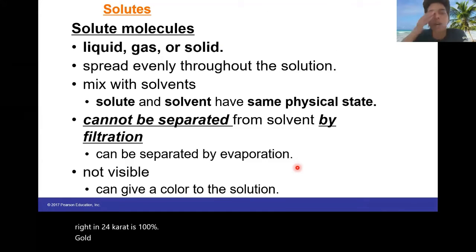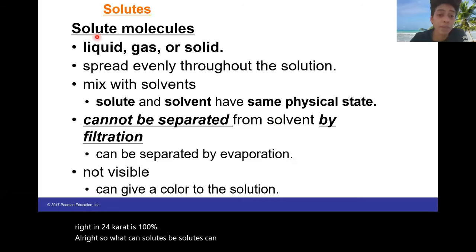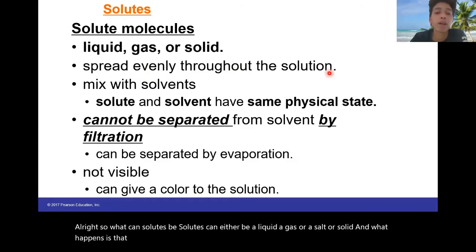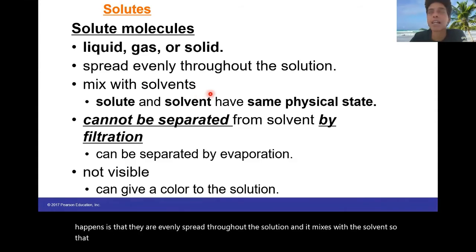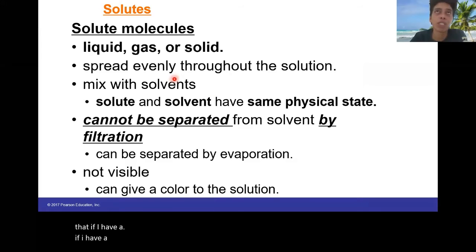All right. So what can solutes be? Solutes can either be a liquid, a gas, or a solid. And what happens is that they're evenly spread throughout the solution, and it mixes with the solvents. So if I have a solid solute in a liquid solvent, the final state is the same physical state.